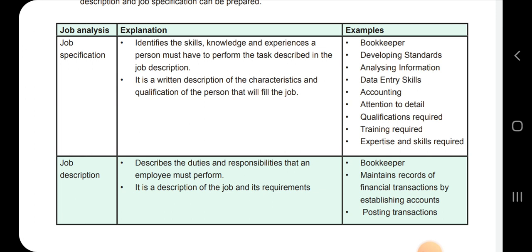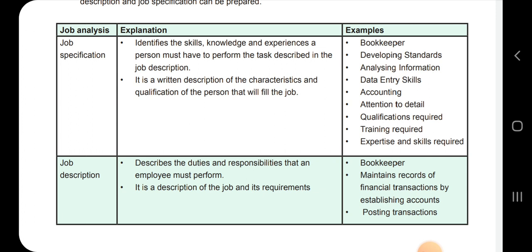But with this job description and job specification, they did it for someone who's going to be involved in finance. They said the job description is that we need a bookkeeper who maintains records of financial transactions by establishing accounts and posting transactions. And the specification, what skills should the bookkeeper have to fill this job description?